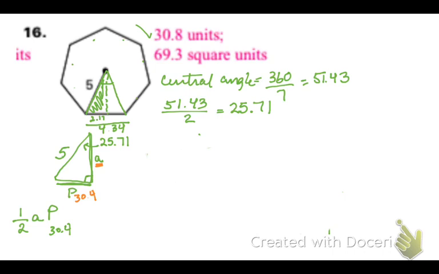Now we need to find our apothem. What are we going to use? We can just use Pythagoras. We don't even need trig. So we know one side of the triangle is 4.34, right? No, it's 2.17. Sorry.